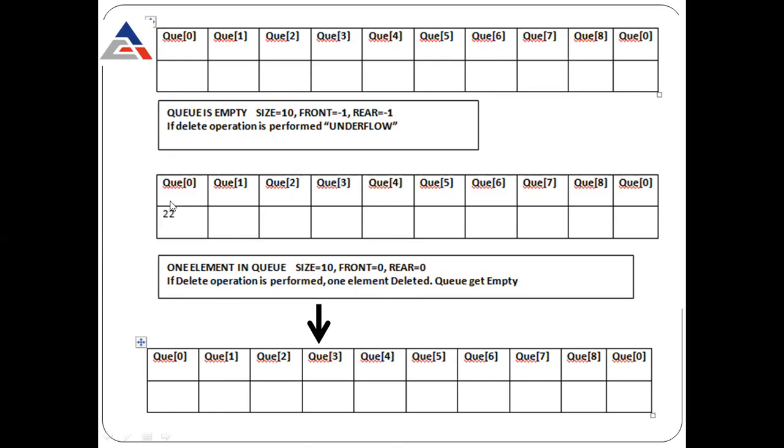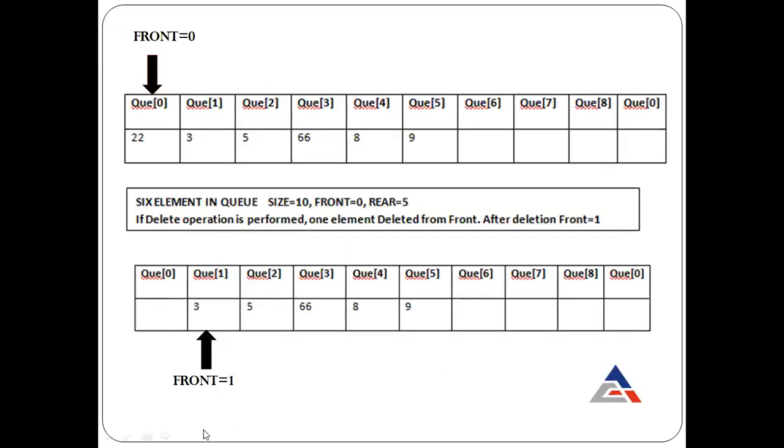If I delete this particular value from the queue, my queue becomes empty again, because there was only one element. Now I have, let's say, 1, 2, 3, 4, 5, 6 elements over here.